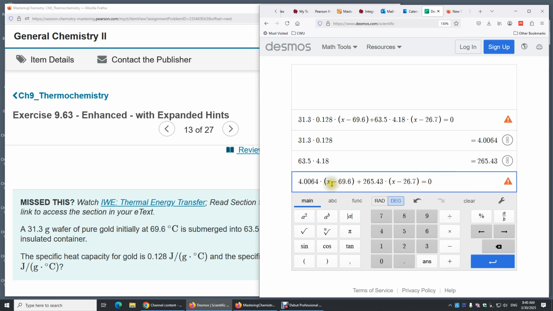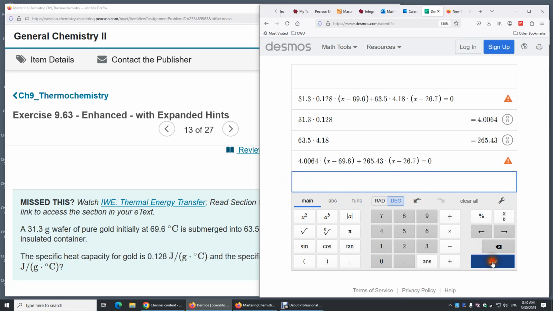So I'm going to rewrite this equation this way. I just expanded everything here, and now you have 4 terms. 2 terms contain x.